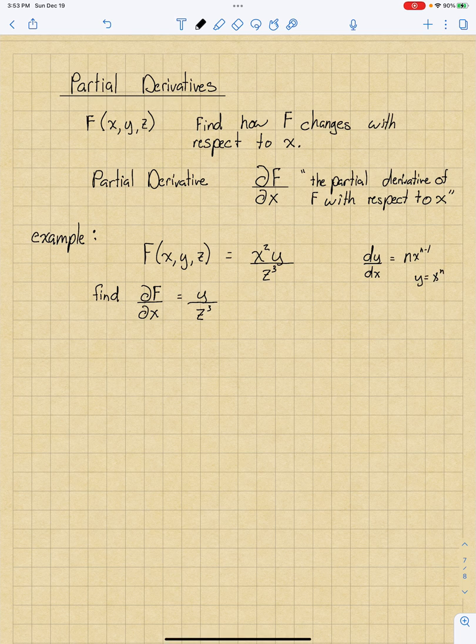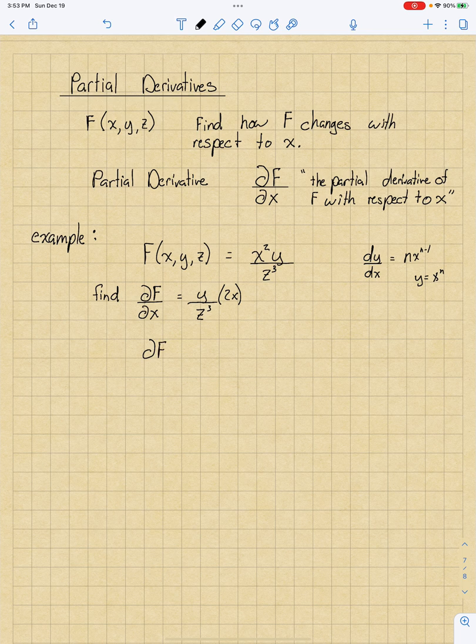Well, now n is 2 again, which was the example we used in our last video. So when n is 2, this is going to give us 2 times x to the 1, which is 2x. If you remember in that example, the derivative of x squared is simply 2x. So we're going to multiply it by the derivative, essentially, of just the x part. All right, we've got this, and we can simplify that out just a little bit if we would like.